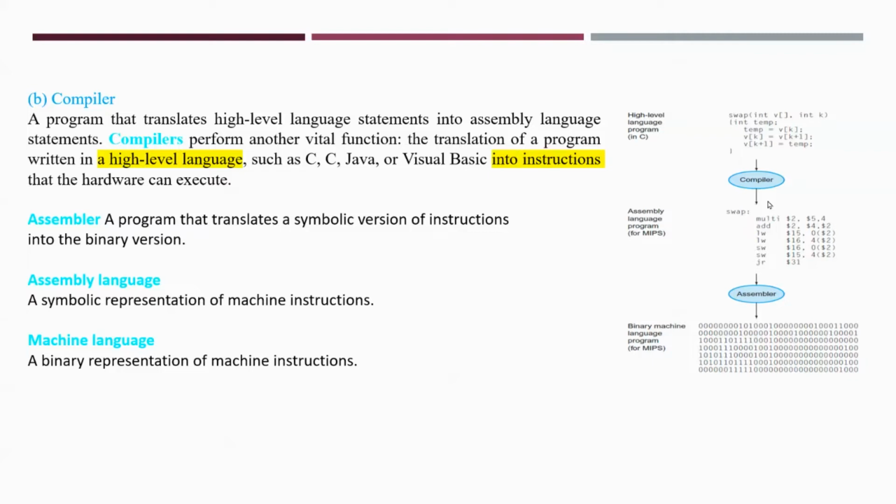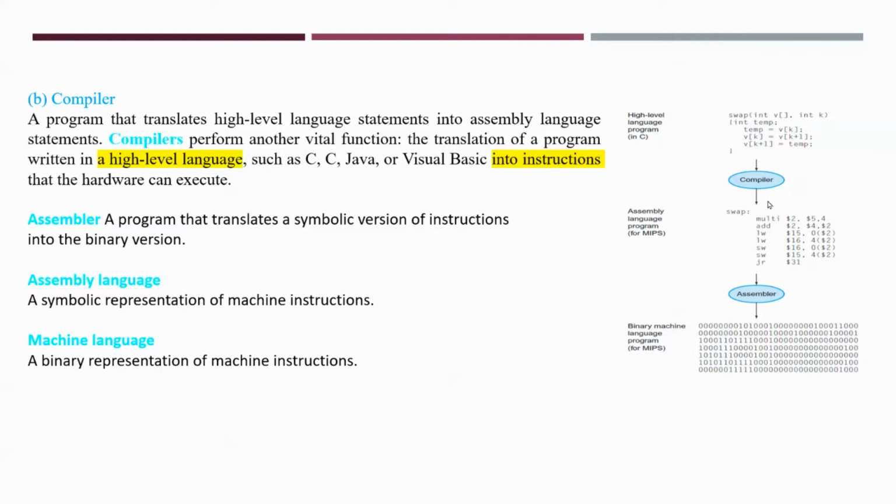So we have to convert this assembly language into a binary language, because the computer is able to understand only zeros and ones. An assembler is a program that is used to convert the assembly language into a binary form that computers are able to understand. So this is the difference between compiler and assembler.